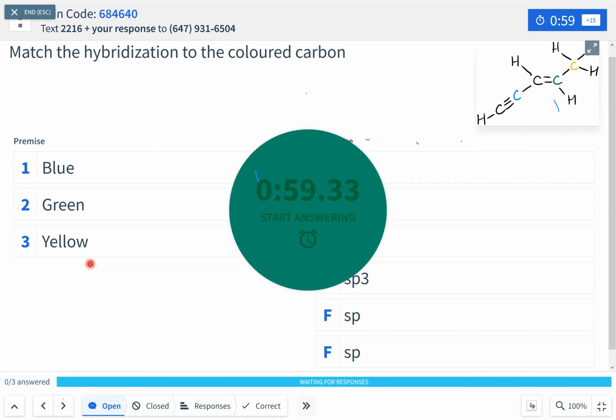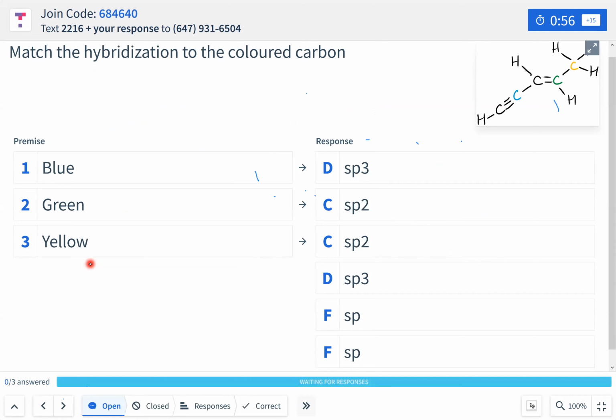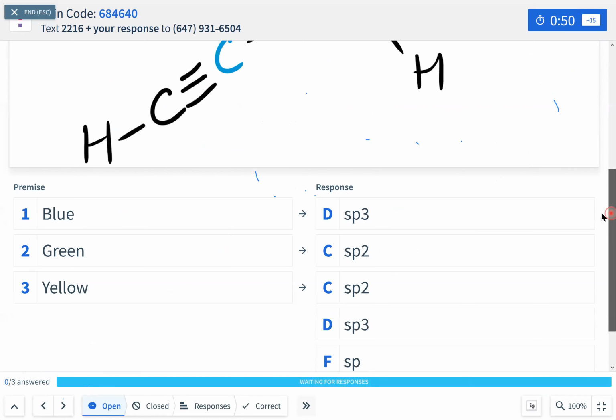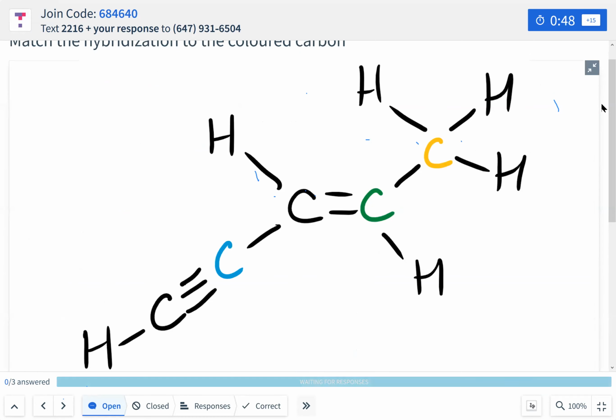So if we go back to that same molecule we had before, we should be able to figure out what the hybridization of each is.